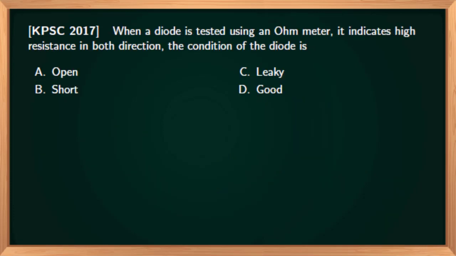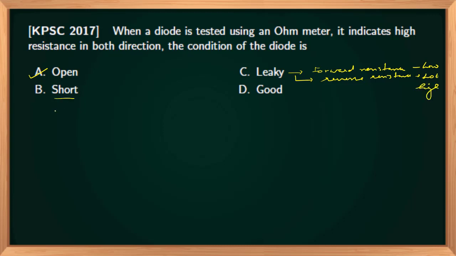When a diode is tested using an ohm meter, it indicates high resistance in both directions. The condition of the diode is, when the ohm meter shows high resistance in both directions, the diode is open. If it is a leaky diode, then forward resistance is low and reverse resistance will not be a high value.